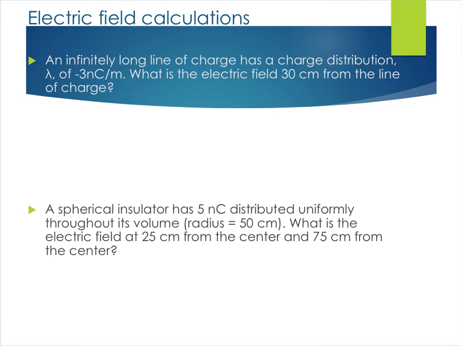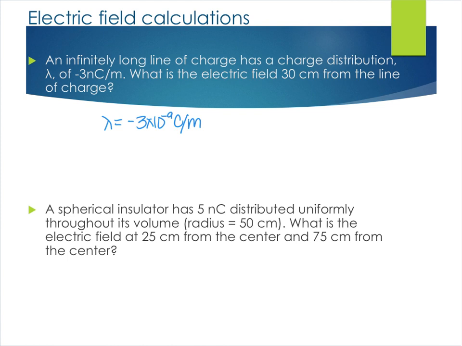And then finally, we have a chance to do some calculations just to practice it. We have the electric field due to a long wire, so we know lambda is -3 times 10 to the -9 coulombs per meter.